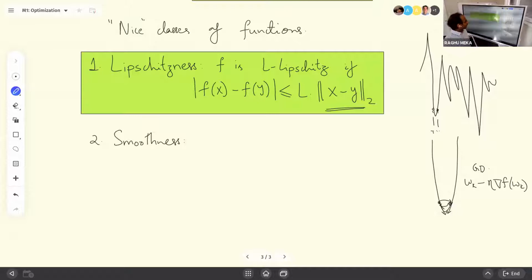Okay? But they say f is beta smooth, right? If the gradient is a Lipschitz function. Okay, somehow you're talking about the change of the rate of change. If you think of physics, it's like acceleration, right?